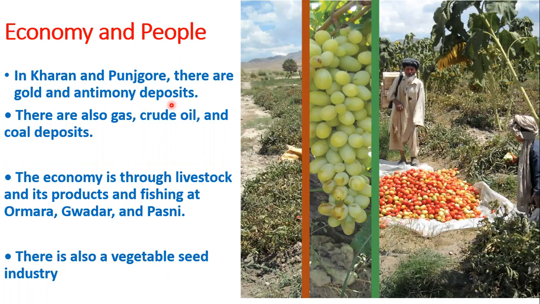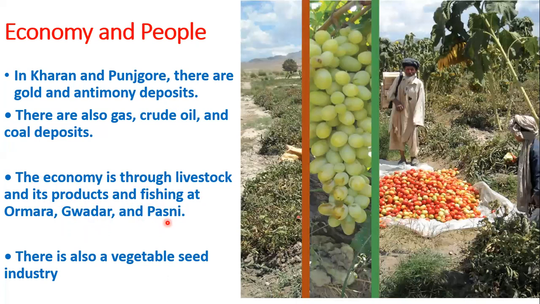Haran and Panjgur, gold, chromite, copper, they are also very important minerals. Reko Diq is the project. Gas, crude oil, and coal deposits. The economy is through livestock and its products, fishing in Ormara, Gwadar, and Pasni.